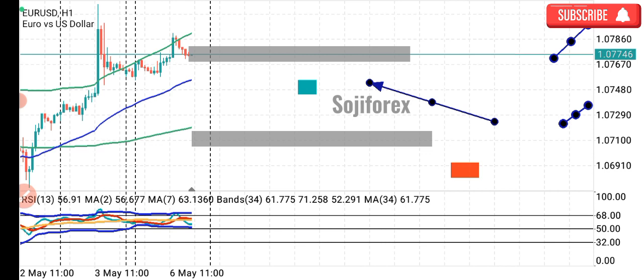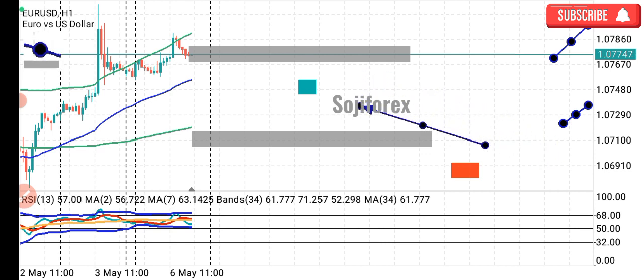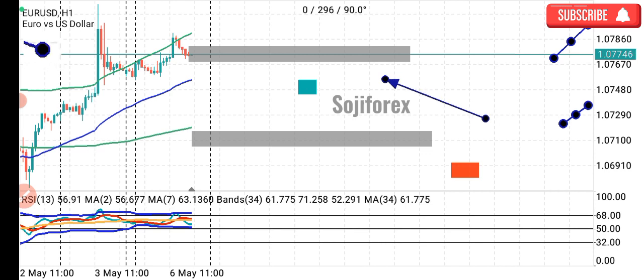In order to make an entry after your analysis, you need an entry trigger which will confirm your position of entry before placing your order, as far as trading is concerned.